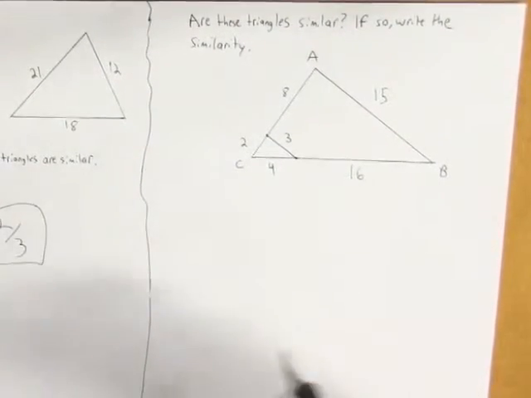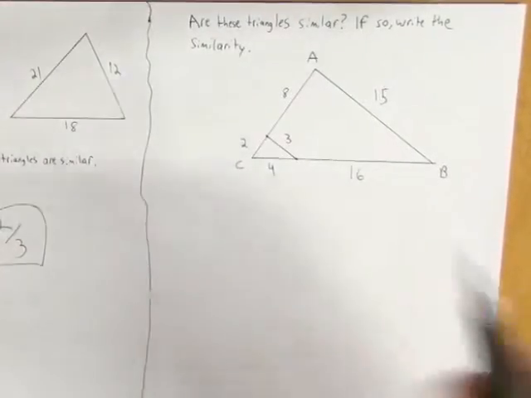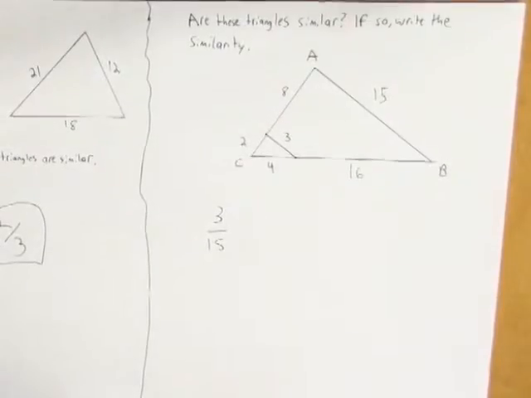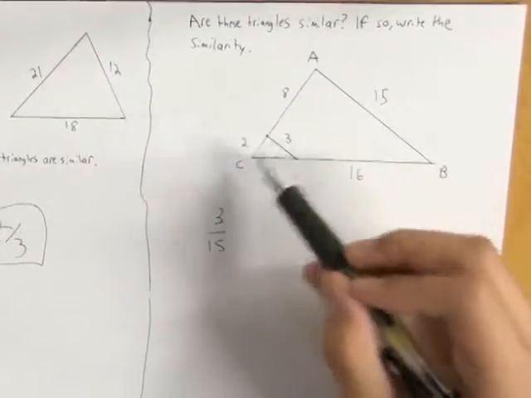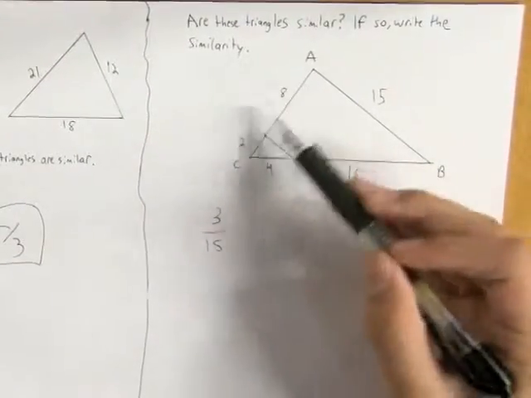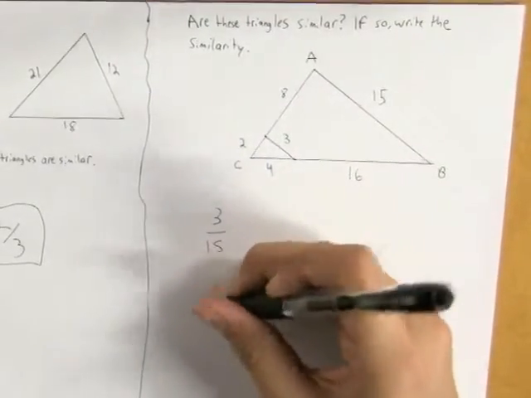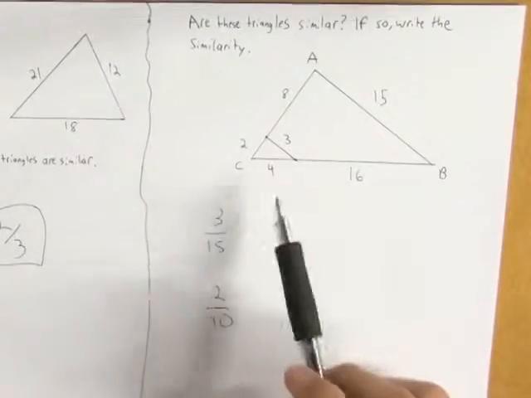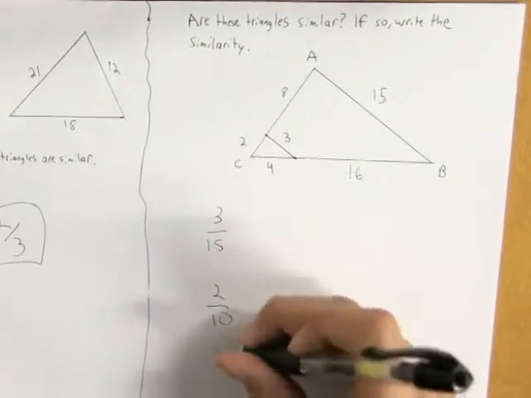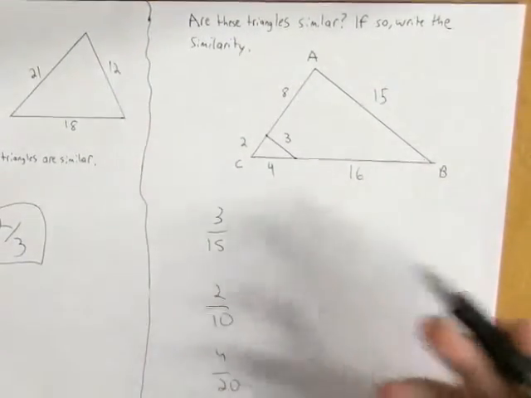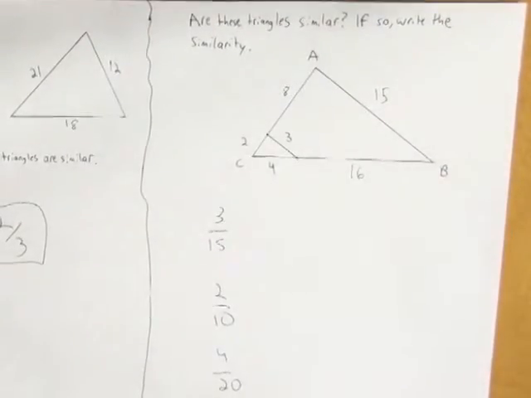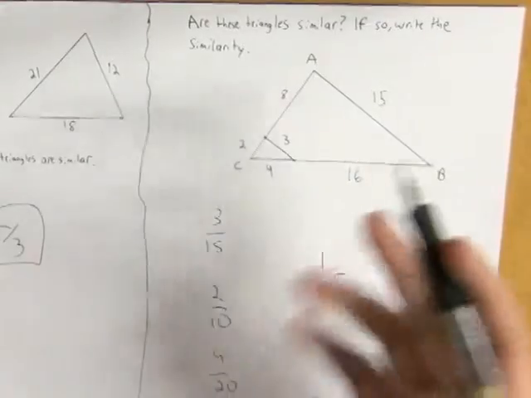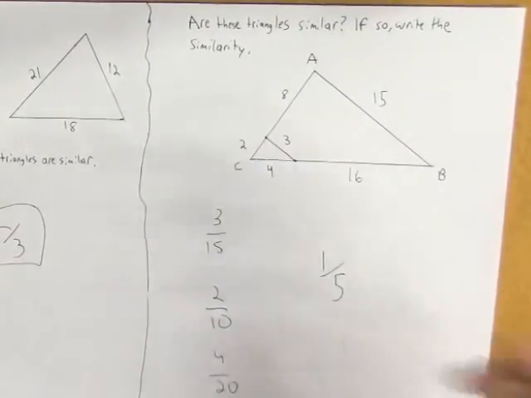Now let's write the proportions out. 3 over 15. 2, and do not write 2 over 8 because you have to include the entire side, so it's 2 over 10. And again, with the entire side included, 4 over 20. This is really laid out for us, so we can clearly see that all these are equal to 1/5. Therefore, yes, these triangles are similar, and the similarity is side.